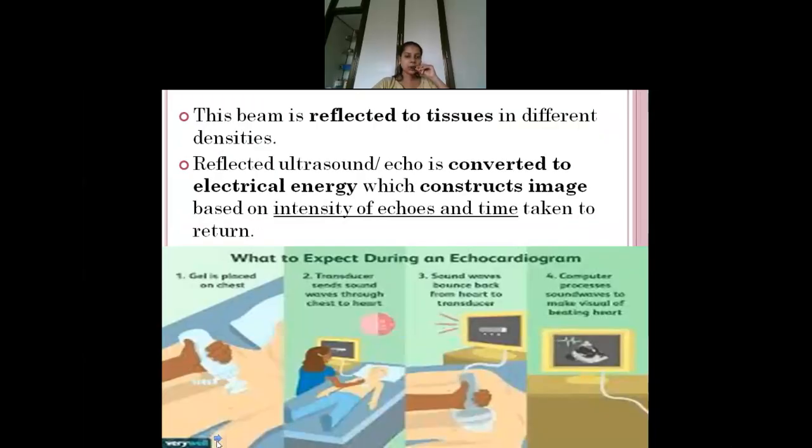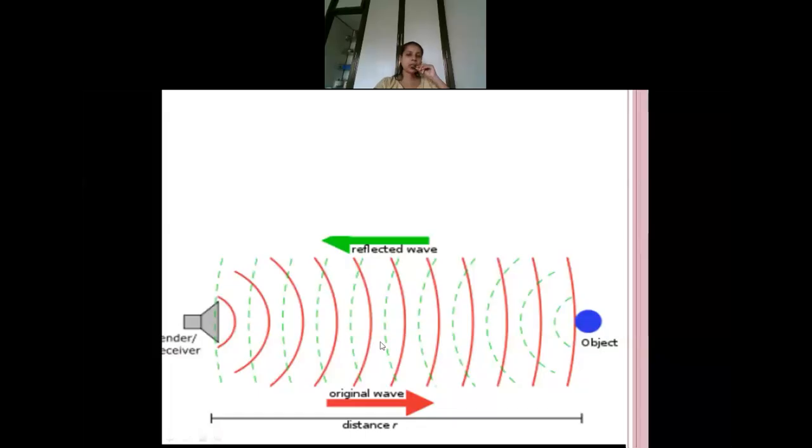So I'll explain in this figure. Usually you will be having a transducer. I already showed you the figure of the transducer. So the transducer will be placed on the chest. It will emit high frequency sound waves.